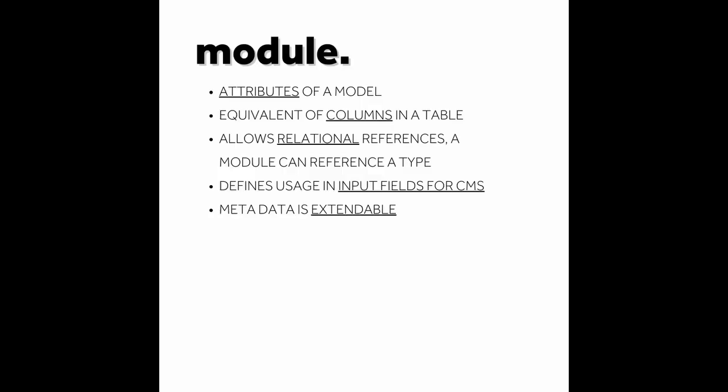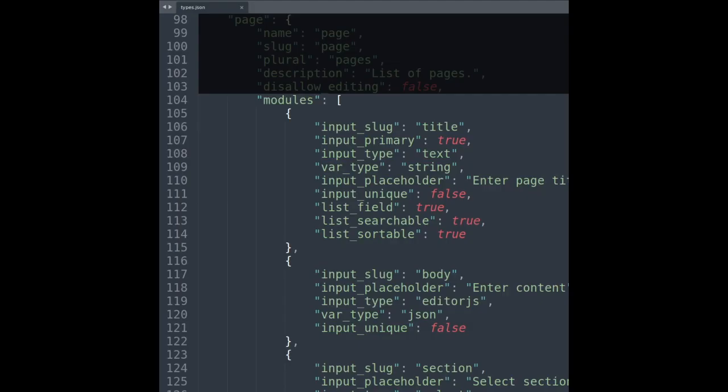Because types are non-hierarchical, modules allow types to be referenced, thereby creating a hierarchy if needed. Modules themselves are non-hierarchical, so submodules cannot be created. A module also defines usage in input fields for the CMS. Like types, metadata of modules is extendable. This is an example of how modules look.